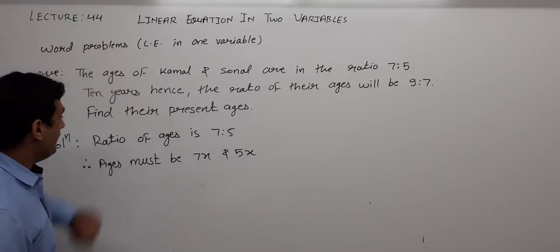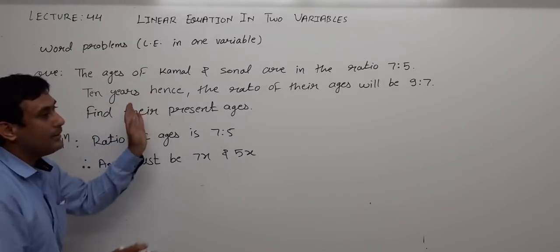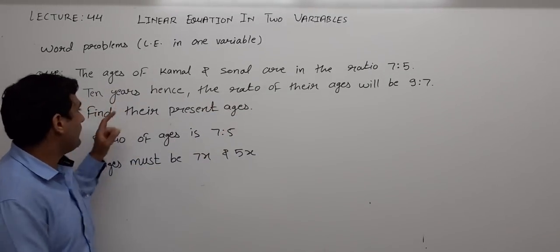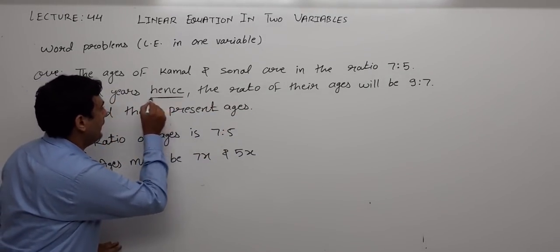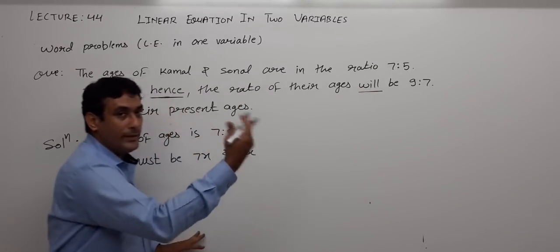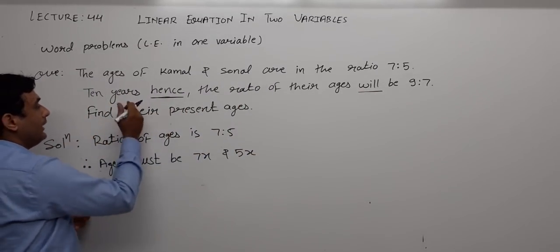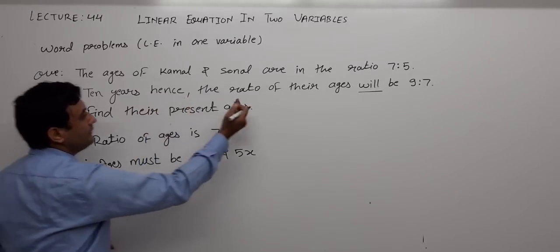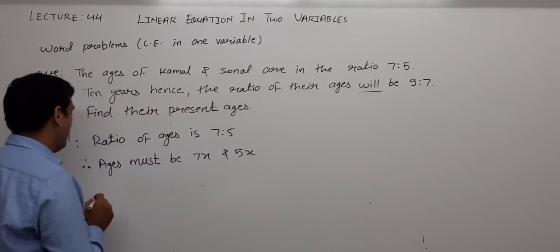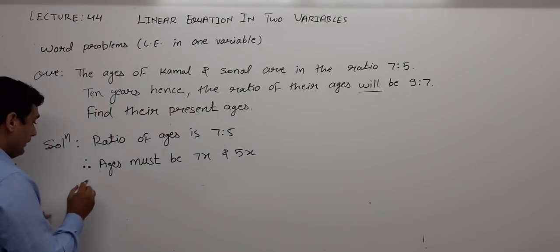Okay, now after 10 years, see, 10 years hence means we are talking about future ages after 10 years. So if you are not getting the word hence, you should get it by will be. Will be, that means we are talking about the future. So 10 years hence, that means after 10 years, the ratio of their ages will be 9:7.